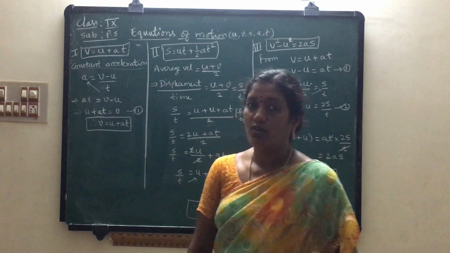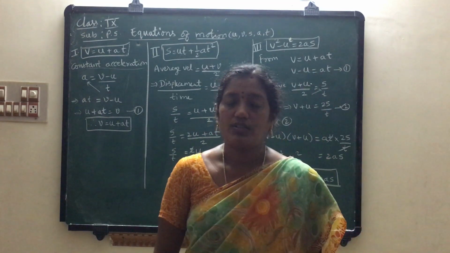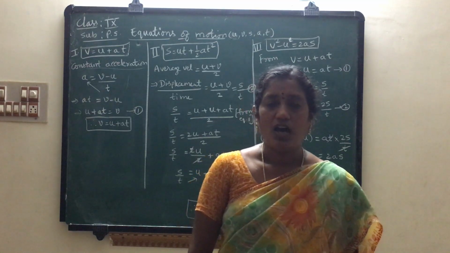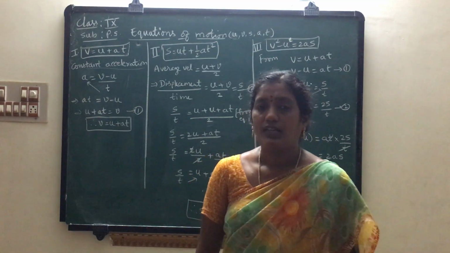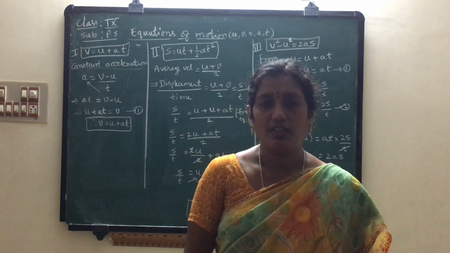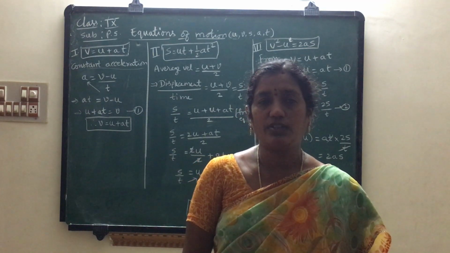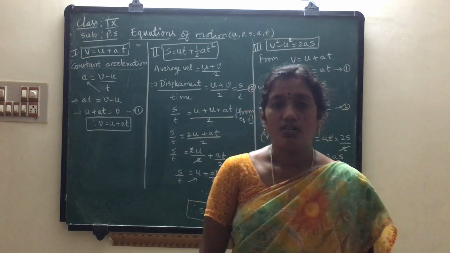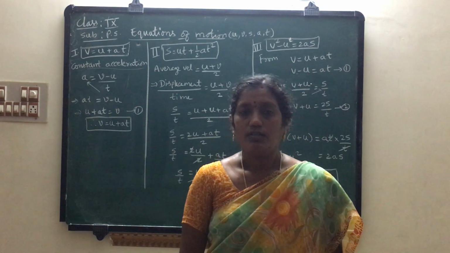Suppose an object is moving with some initial velocity. After certain time, does the object change its velocity? Yes, definitely it changes according to time. As time goes on, the final velocity of the object is also changing.